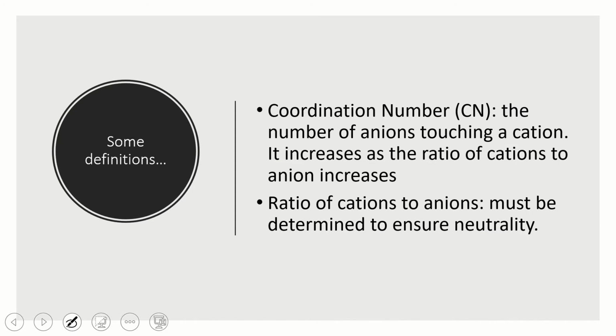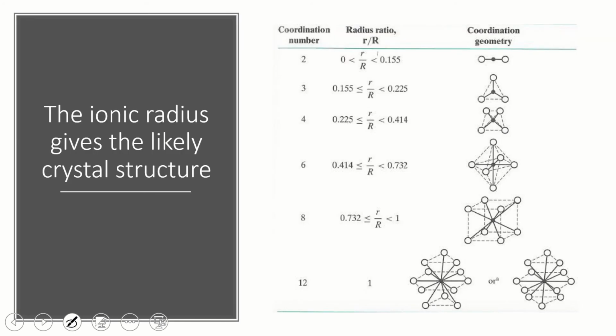Now, we already went over the definition of coordination number, but something very important for the ceramic crystal structures is the ratio of cations to anions, which must be determined to ensure neutrality. It is also very important because the ionic radius gives us the likely crystal structure.